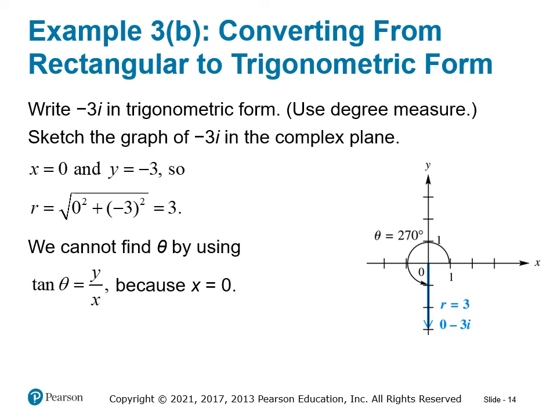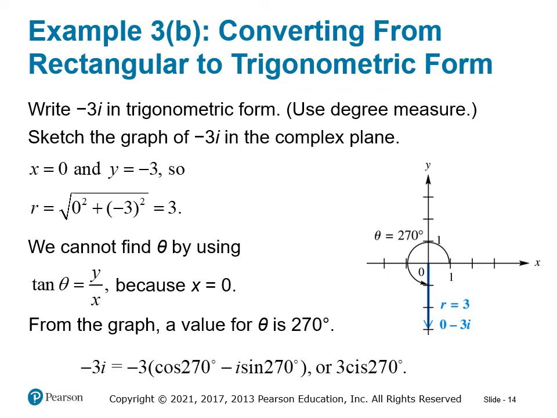We don't need to do this because we know that our angle is 270. And so we get 3 times the cosine of 270 plus i sine of 270, or simply 3 cis 270.